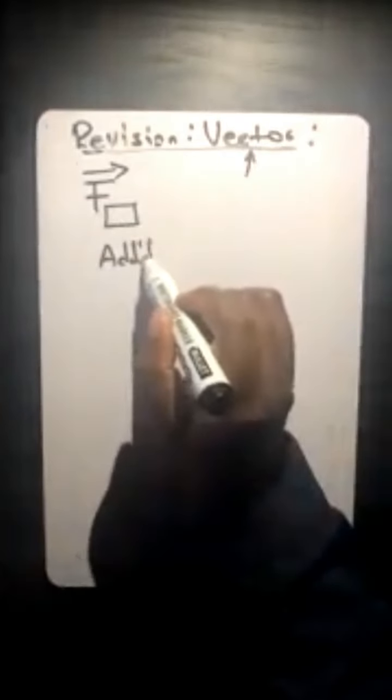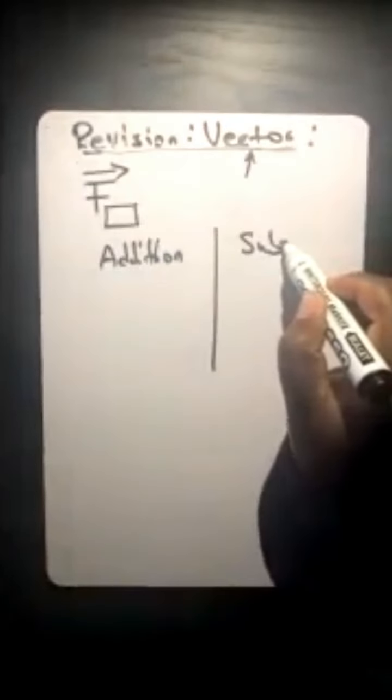So let's do an example. When it comes to vector quantities, they can be represented graphically. And again, we've got vectors which form an addition of vectors, along with subtraction. So let's have a look at addition, and then we'll also compare with subtraction.